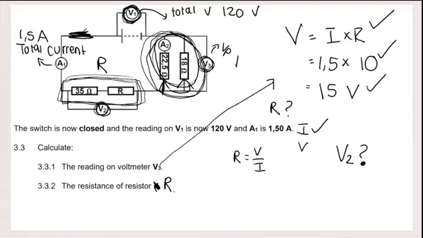The total is 120, V1, and 15 goes to V3. How much is left over for V2? V2 is basically 120, the total across the battery, minus 15, which is 105.